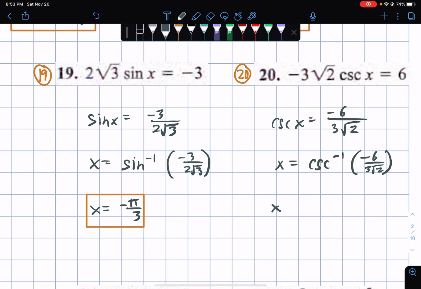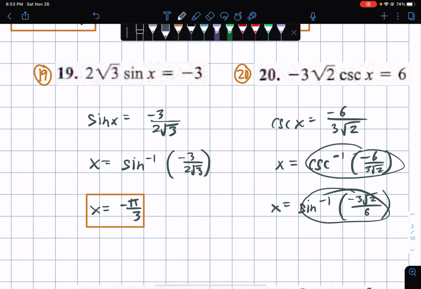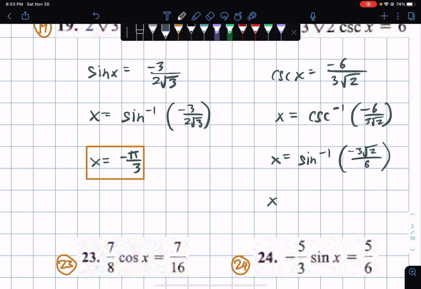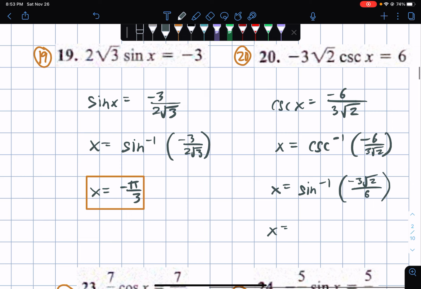We basically reciprocate. So x is equal to arc sine of negative 3 times the square root of 2 divided by 6. Just interchange the numerator and denominator. What made them different is the position of the numerator and denominator. The difference between each other is determined by their reciprocal identity. So for number 20, that would be negative pi over 4.